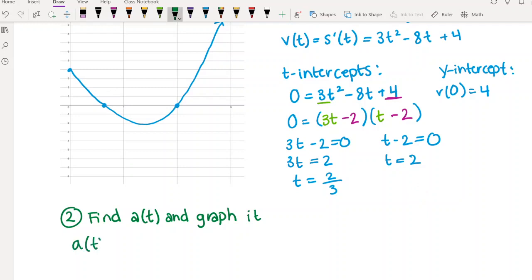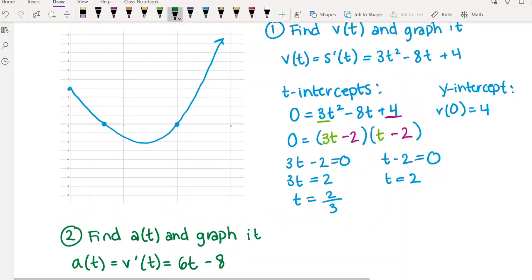So a of t is going to be the derivative of the velocity, which is equal to 6t minus 8. So what does that look like? It is a line that has a y-intercept of -8 and a slope of 6. So we can just count up 1, 2, 3, 4, 5, 6 over 1, and connect our points to get a rough idea of our graph. Something like that.